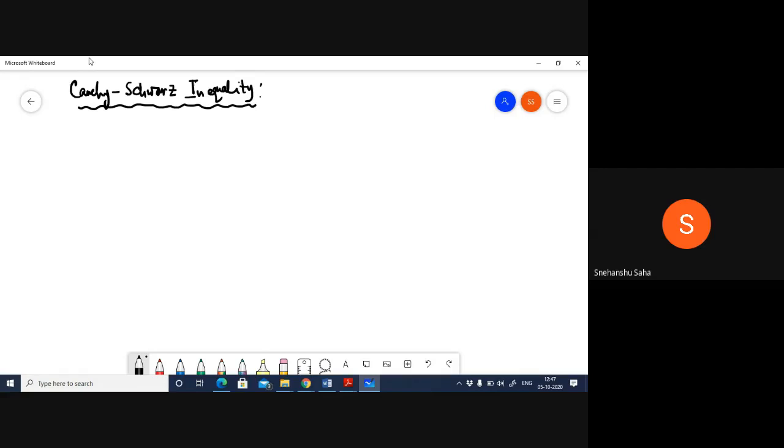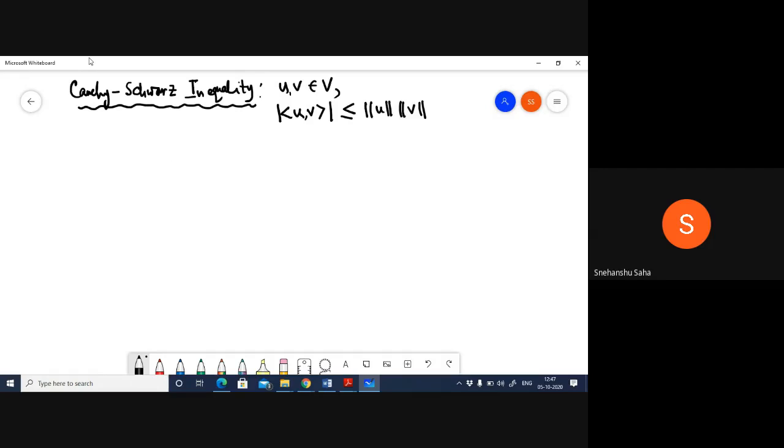All right, so the Cauchy-Schwarz inequality says this: for two vectors in V, I have this result. So this is what the Cauchy-Schwarz inequality is.